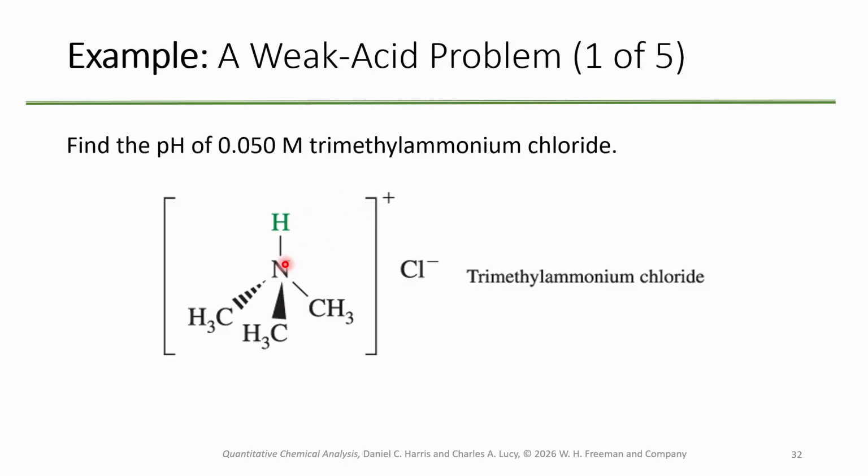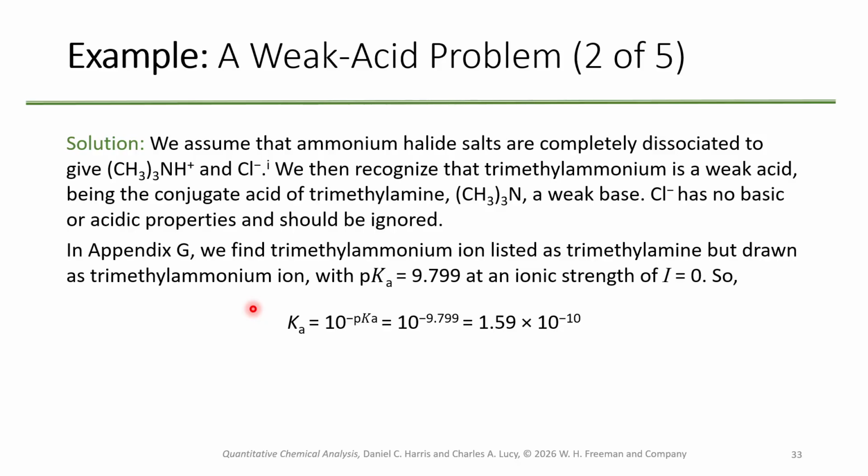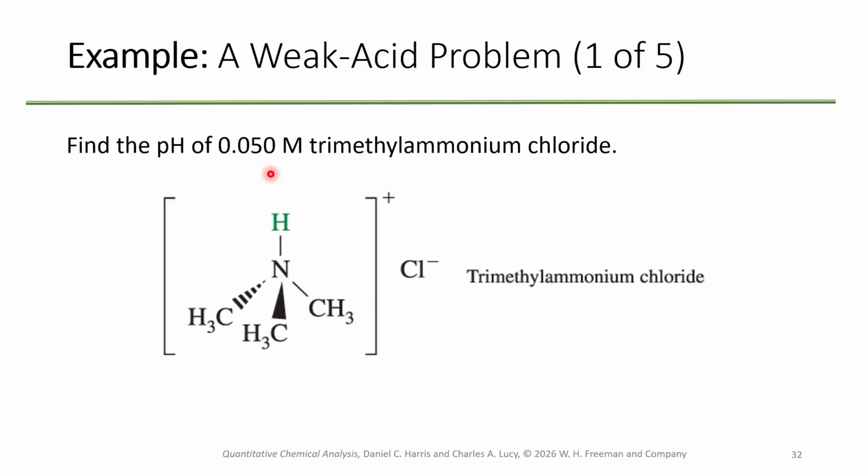All right. So if we look at this species right here, it's going to have a Ka that looks something like this. So our pKa is this value right here. Okay. And notice that in this problem, we're going to have 0.05 molarity, so it's a pretty dilute solution, but not so dilute that our primary source of H plus is going to be the water, right?